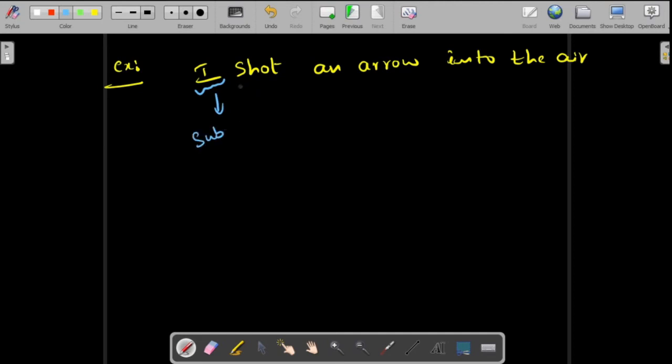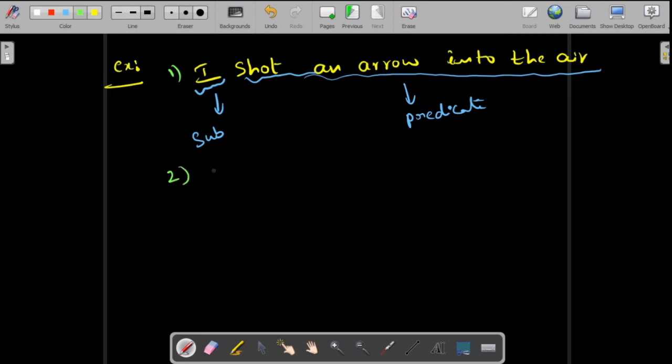What did I do? I shot an arrow into the air. This total is the predicate. Here we said something about this subject. Here the subject is I. What did I do? Just shot an arrow into the air. That is the predicate. This total thing is nothing but a sentence. This is the first example.